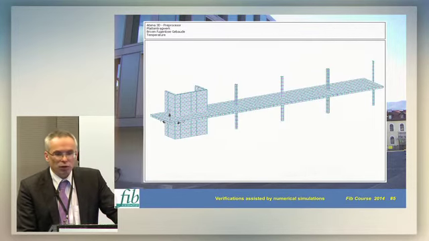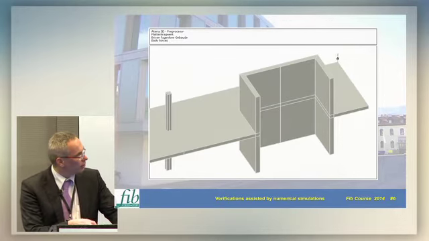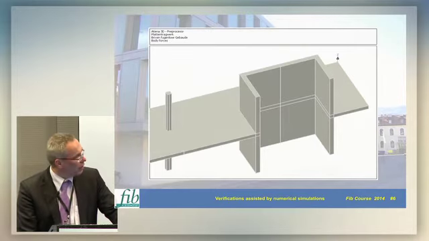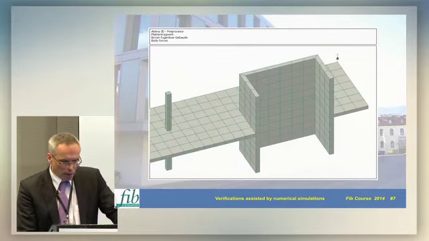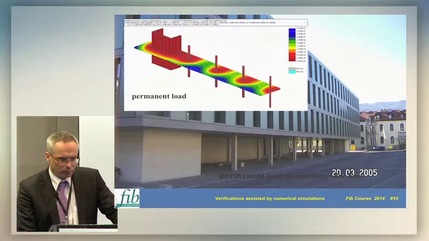In this case, what was very important was the shrinkage and thermal strains, expansions. Here is some detail of the model around the elevator shaft, and of course the reinforcement model near the columns. And here you see some results.